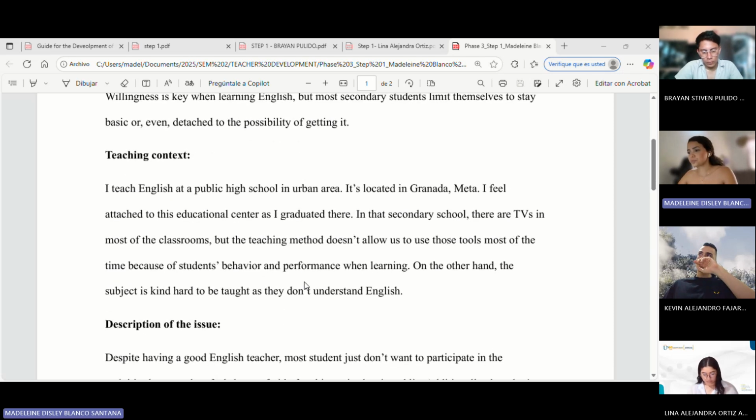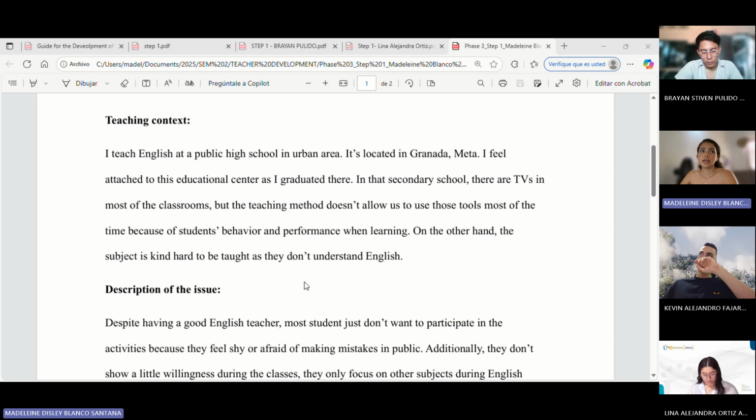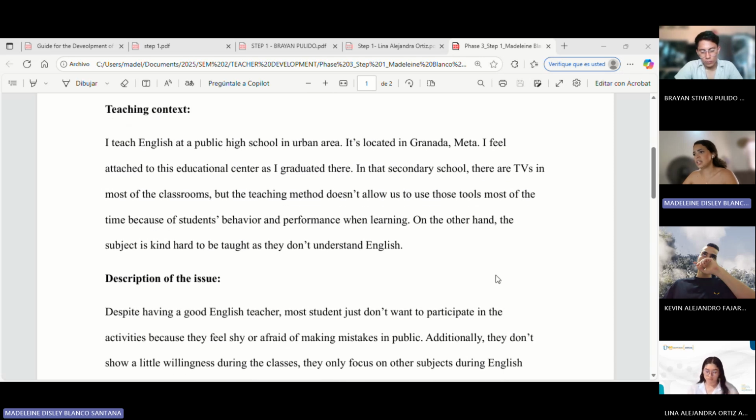So in this case, I had the opportunity to teach 10th and 11th grade with a new teacher, because he was not there when I went before. For this season, they were just working on speaking evaluations.